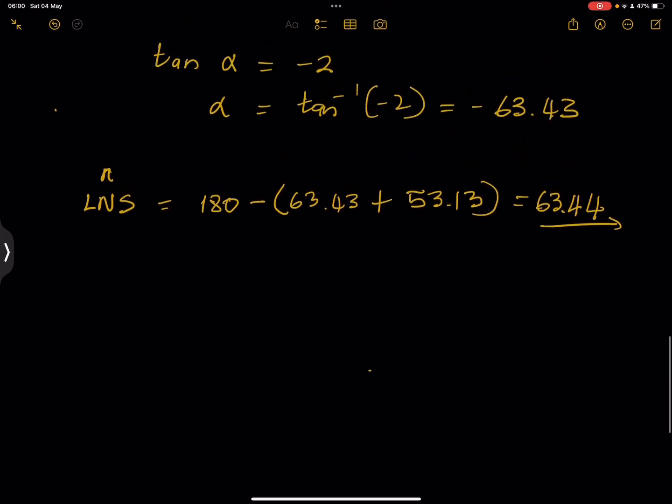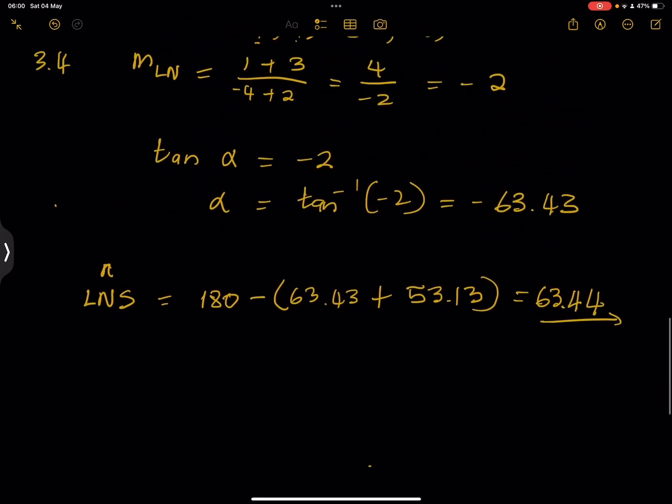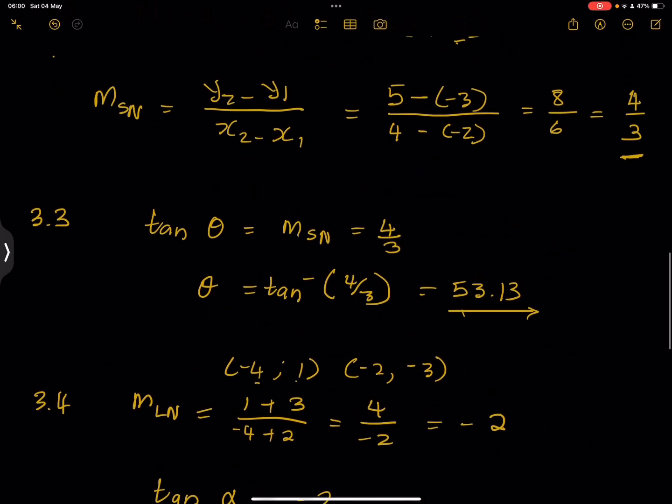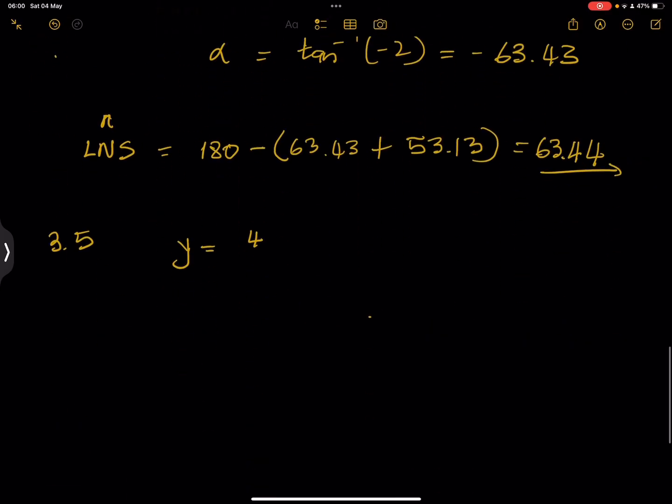So we know that line would be y is equal to, right, the gradient of that line would be equal to the gradient of SN. So this would be y equals 4 over 3 x, why? Because they are parallel, right? Plus c. But how do I find the c value?